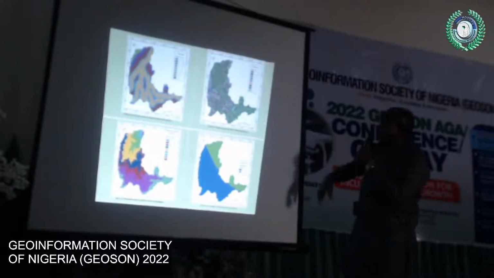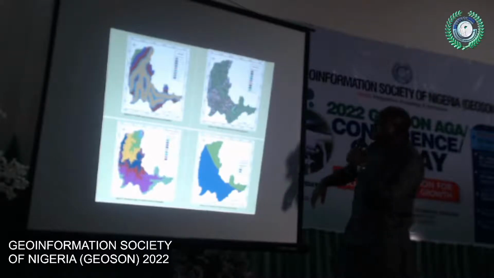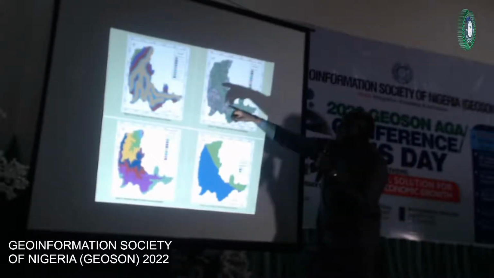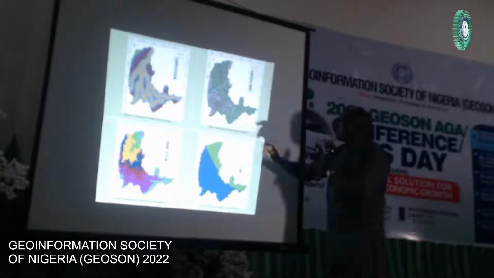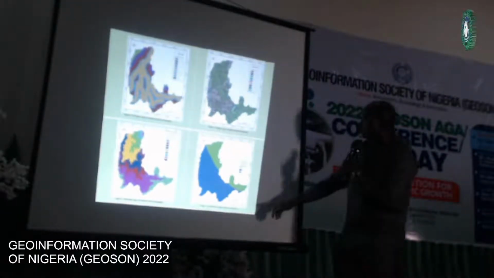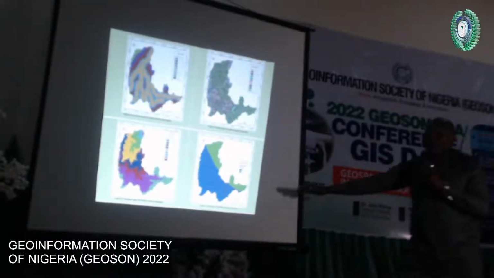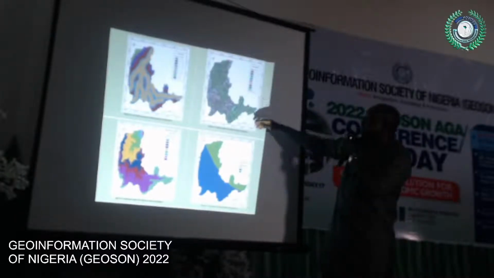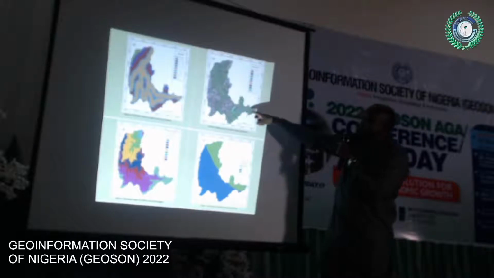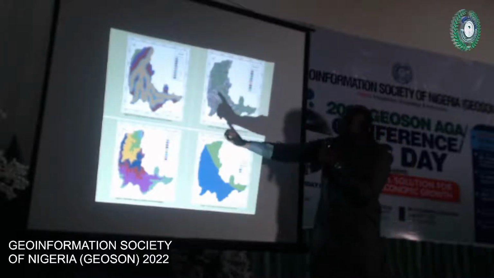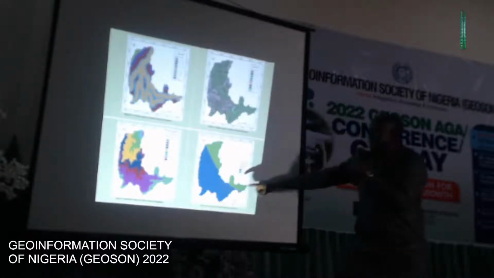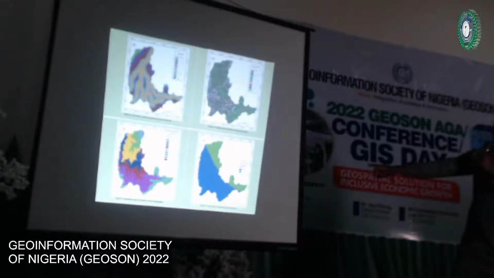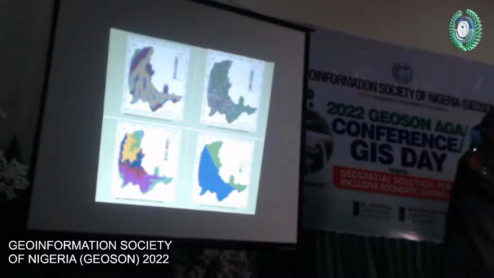Then these were the ones that were done for the corridor, the slope, the elevation, and for the soil. These are the soil types in the area. This is the multi-criteria analysis for the slope, while this is for the elevation. So let's go.